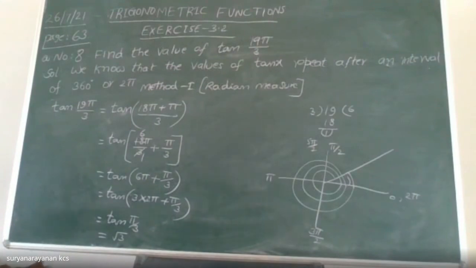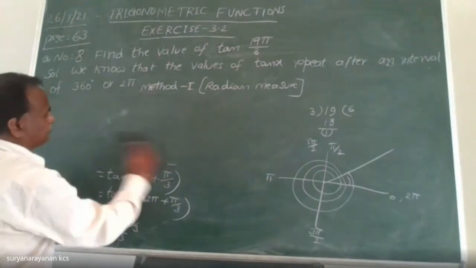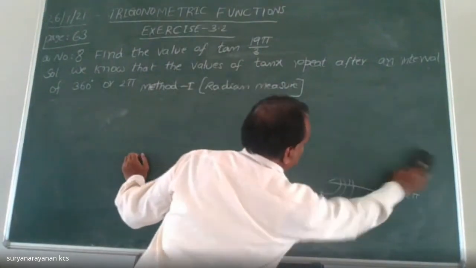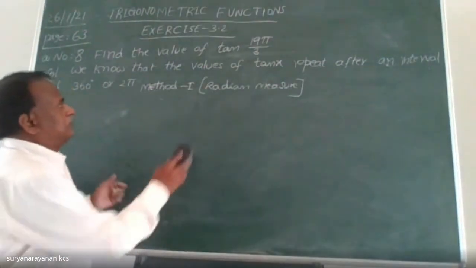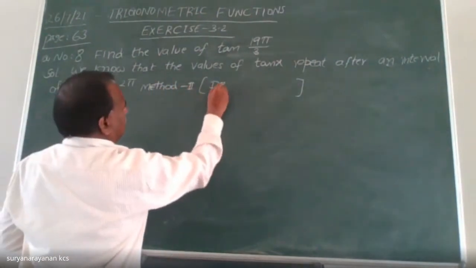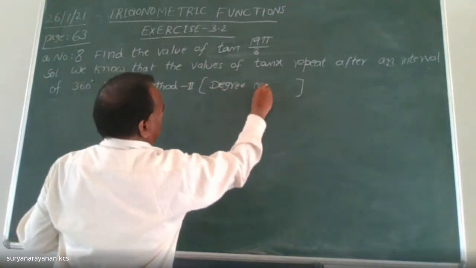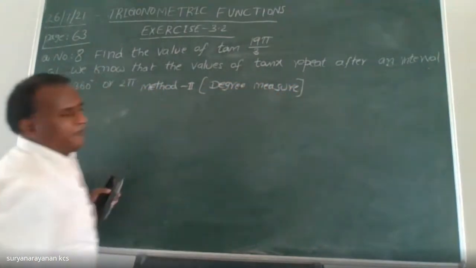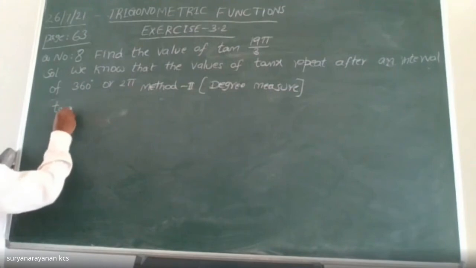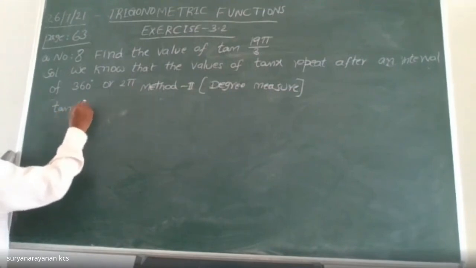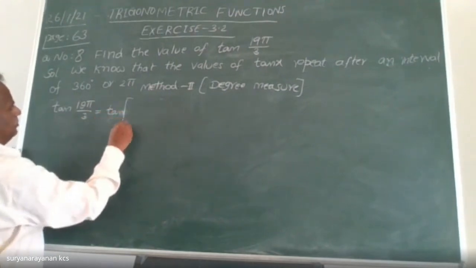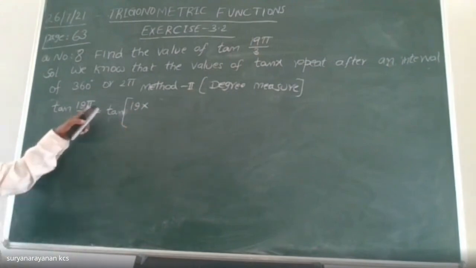So I will explain the second method. That is degree measure, method 2. I am finding the value of this trigonometric function with the degree measure. So tan 19 pi by 3. What is the value of pi radians?